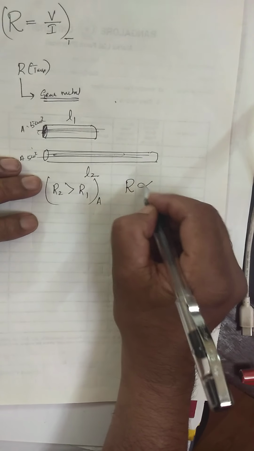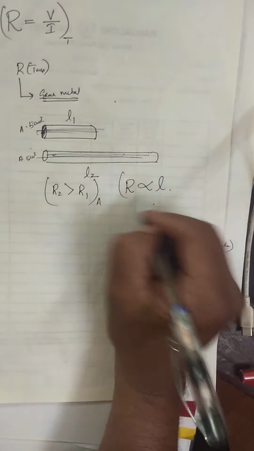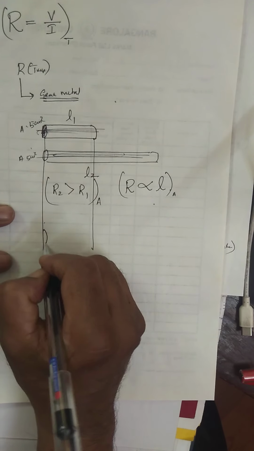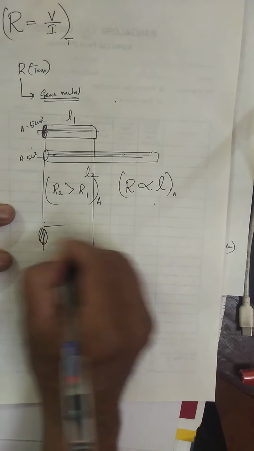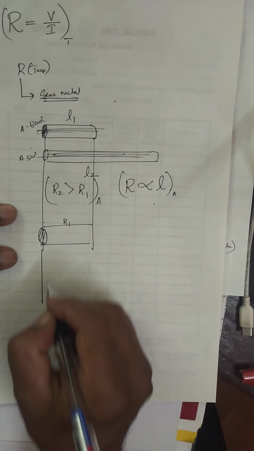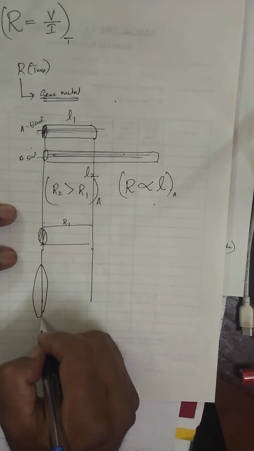Therefore, resistance of the conductor is directly proportional to length, with area of cross section constant. Okay, for a given length, suppose this is the area of cross section. This is R1. But now this one has a larger area of cross section.